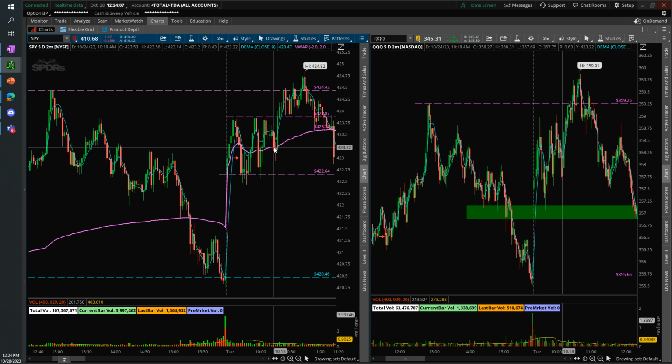So now I want to wait to see what happens at that level going forward. Either that's going to be defended if we come down to retest it, or if it's not, and we get a retest from the bottom side, that's going to be confirmation to go short. Basically, those buyers are no longer valid, and now we're good to go for that gap fill. And then that was the perfect retest that it gave me later in the day to enter that trade short.